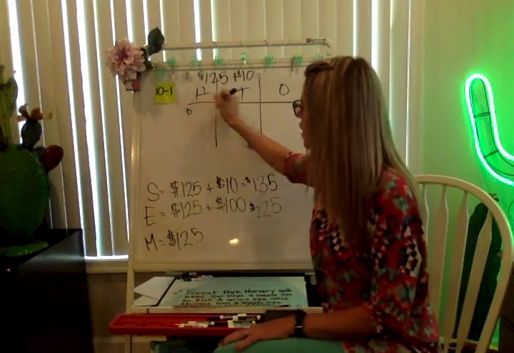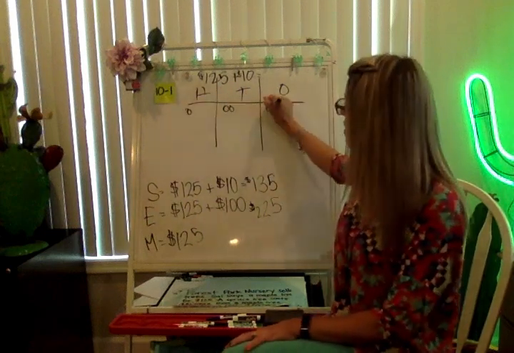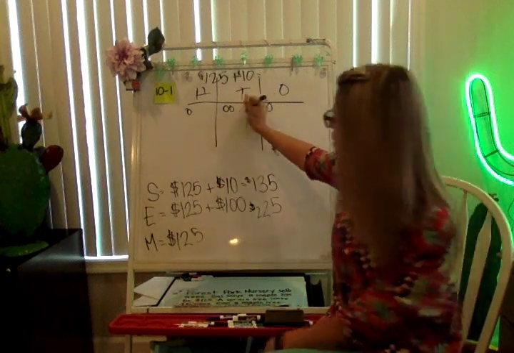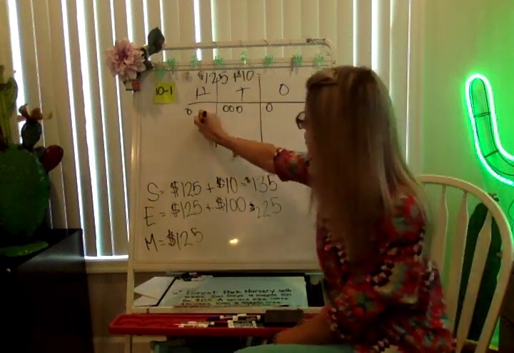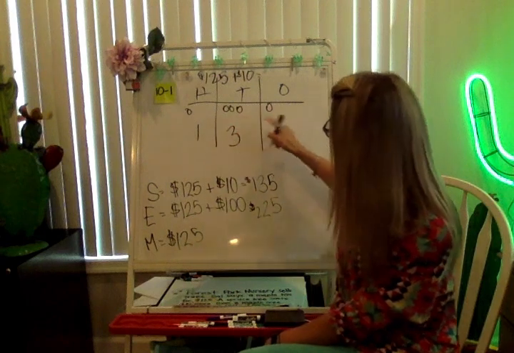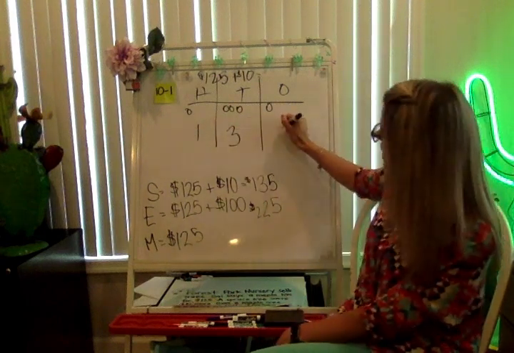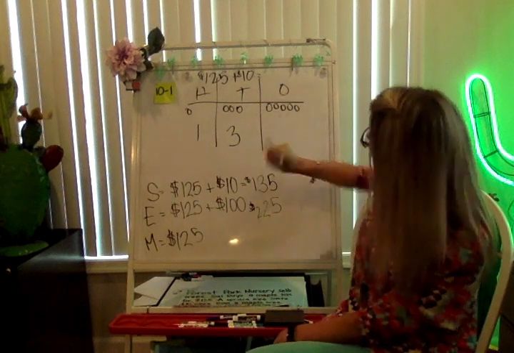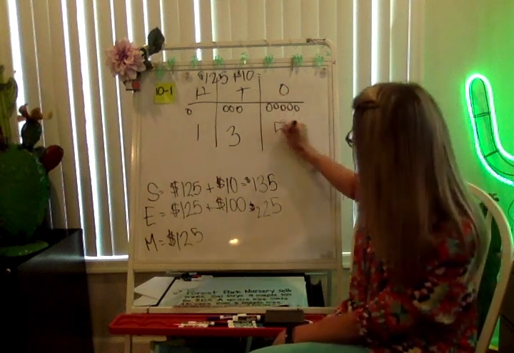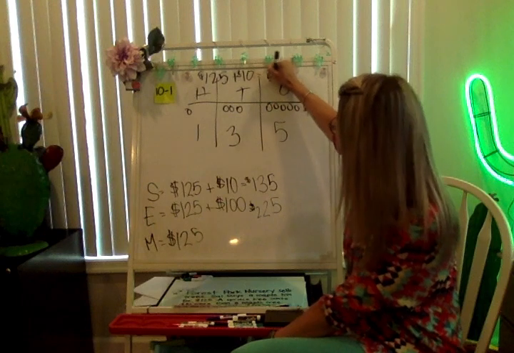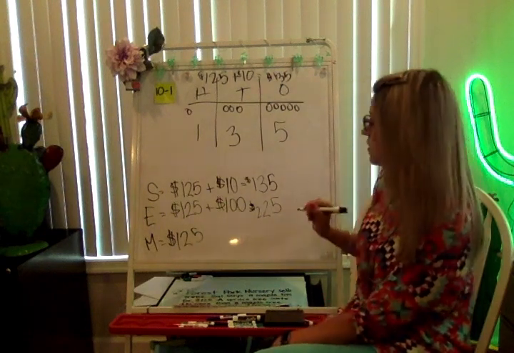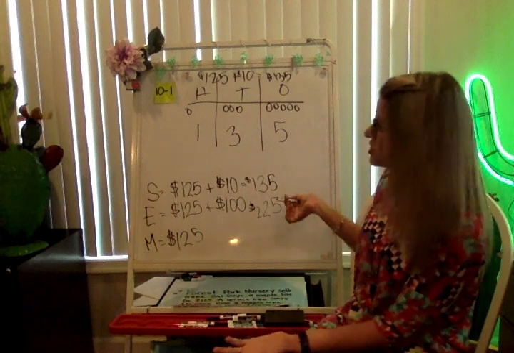I've got 1 in the hundreds, 2 in the tens, 5 in the ones. If I add a 10, which would go right over here in my tens place, I would look and see what do I have. I have 1 over here, 3 in the tens, and 5 in my ones place to make 135, which is the cost of my spruce tree.